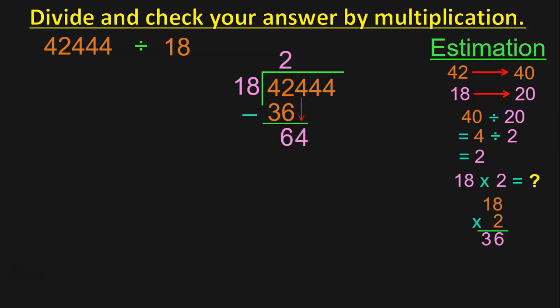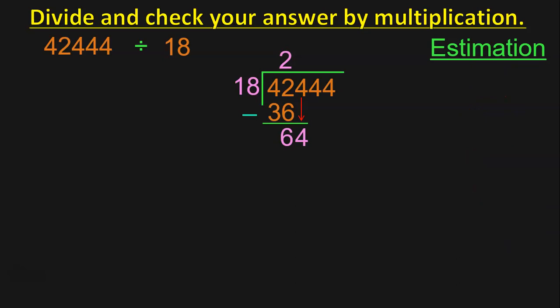Now we'll have to find out 64 divided by 18, or how many 18s are required to make 64. Once again, let us use the method of estimation. 64 rounded off to the nearest tens will give you 60. Rounding off 18 to the nearest tens will give you 20. So 60 divided by 20 is 6 divided by 2, which is equal to 3.